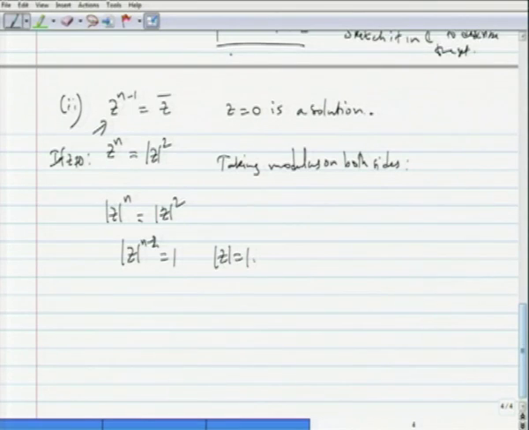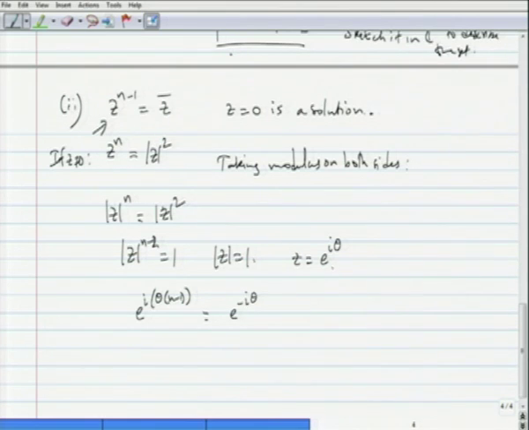So, we conclude that the modulus of z is equal to 1. So, I can write z as e to the power i theta, for some real number theta. Then let me look at the equation again. I get e raised to i times theta times n minus 1 is equal to e raised to minus i theta.